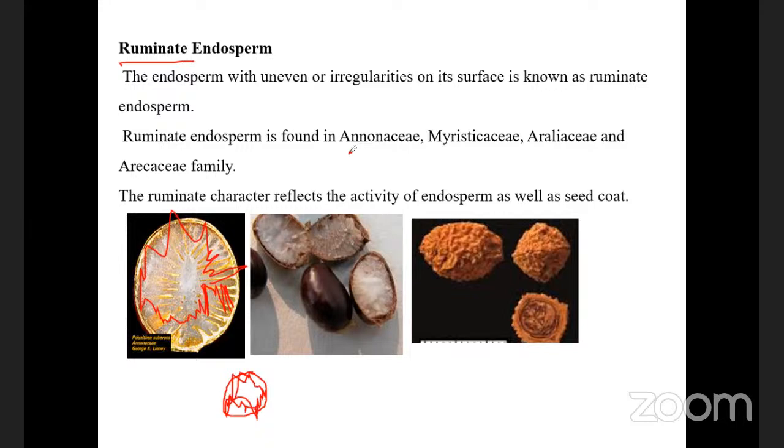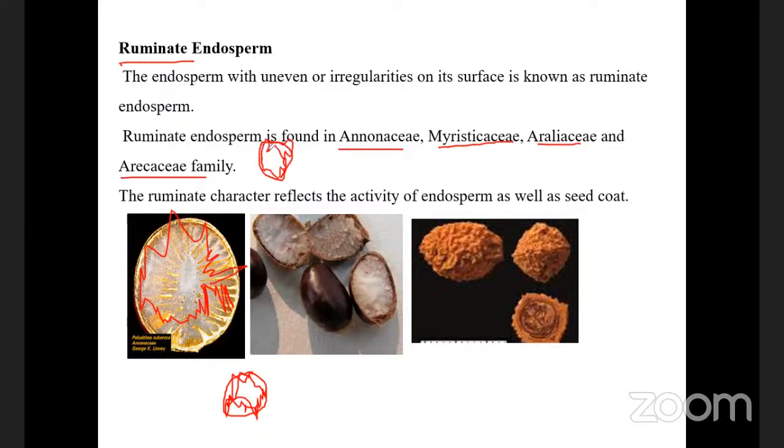That is usually there in Annona, Cocoa, Sitaphal, and Myristica fragrans, Jaiphal, Javitri, and Arecaceae and Araceae. Areca catechu, Pokavaka also, it is ruminate endosperm. Folded endosperm.